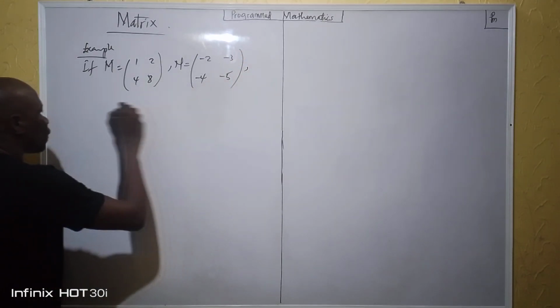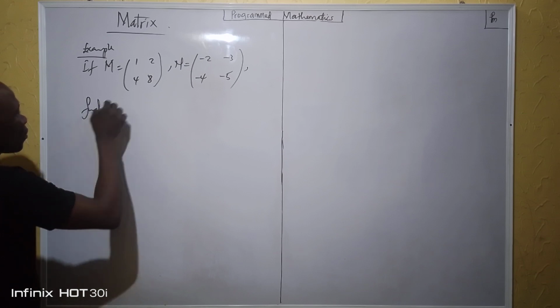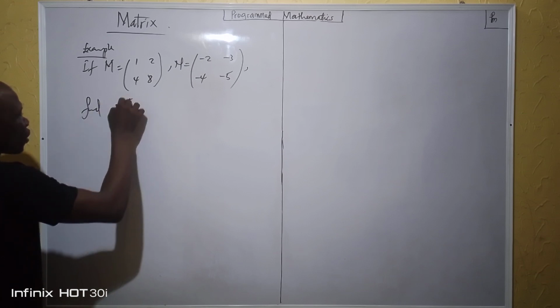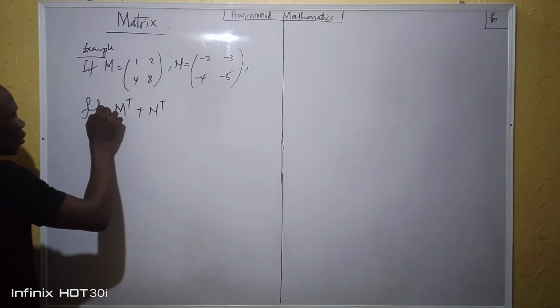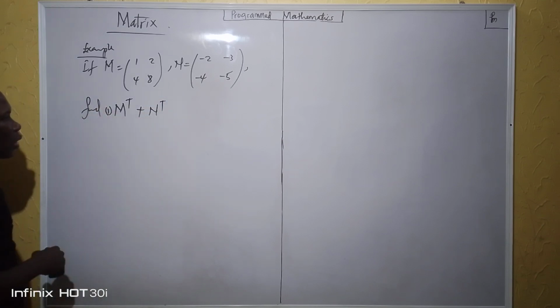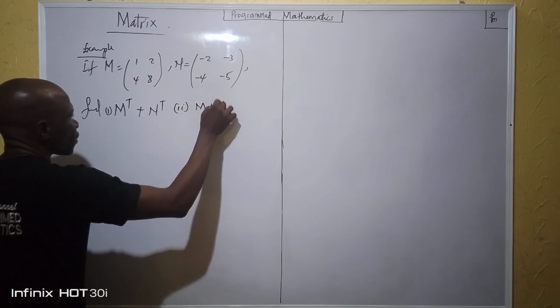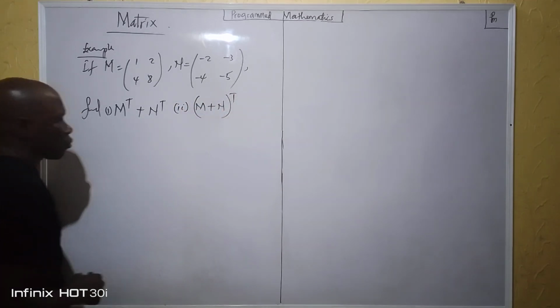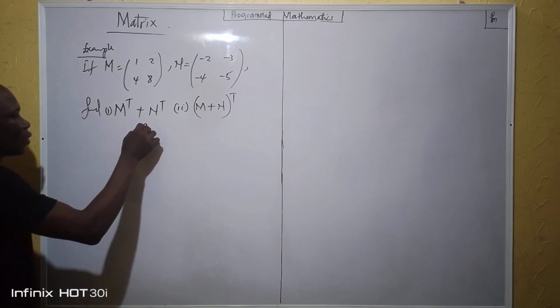So we want to find the sum of M transpose plus N transpose, and at the same time let's find (M plus N) transpose. Let's assume we have this as a problem to solve.